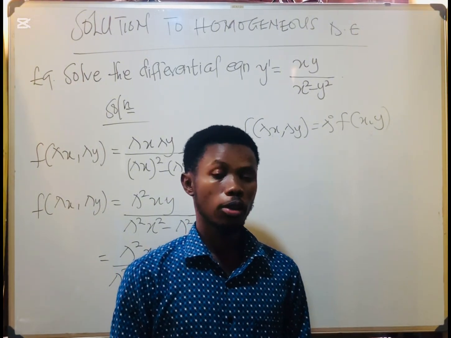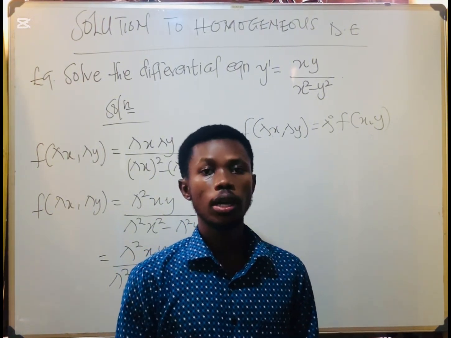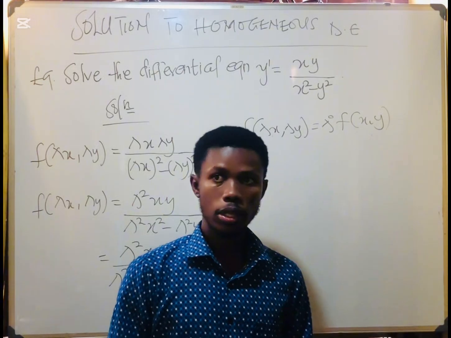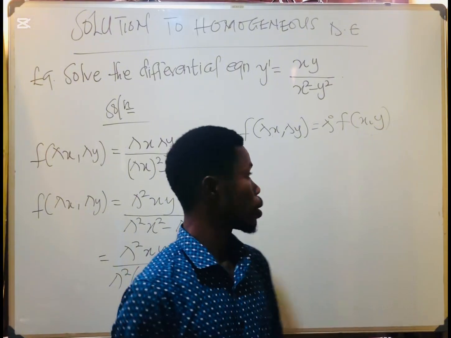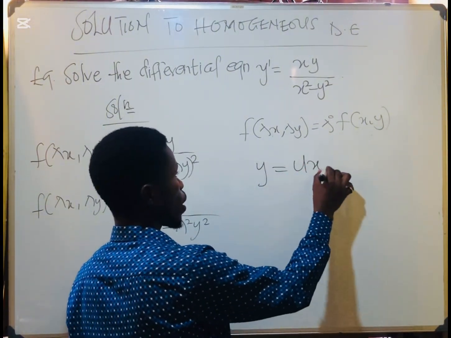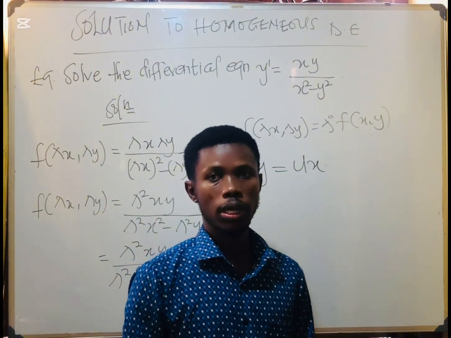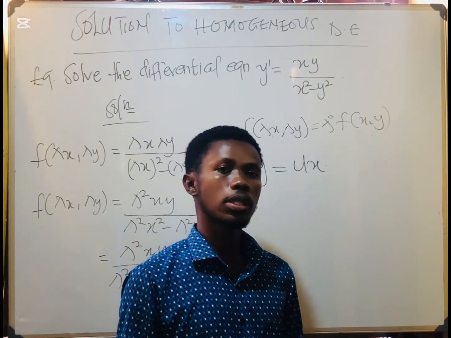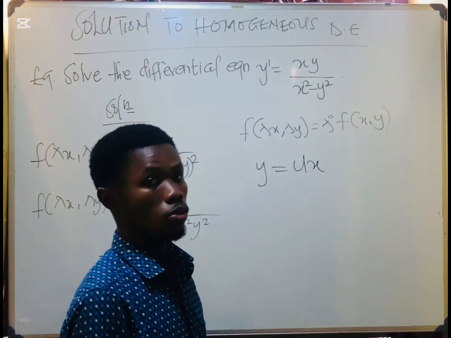Now let's see how we can solve this one. Before you can solve a homogeneous differential equation, you need to use the transformation. The transformation is y equals ux. For y equals ux, you substitute this into the equation that was given to us.